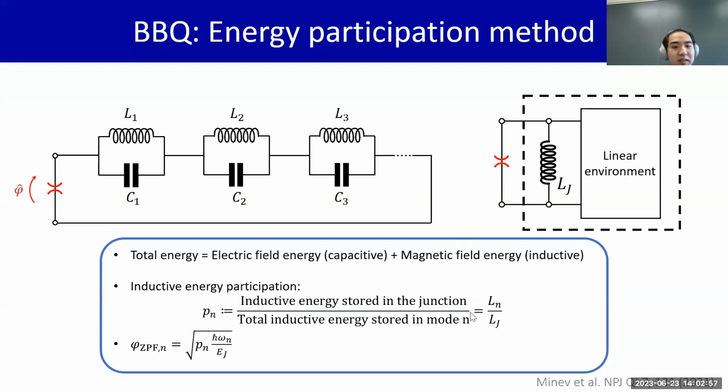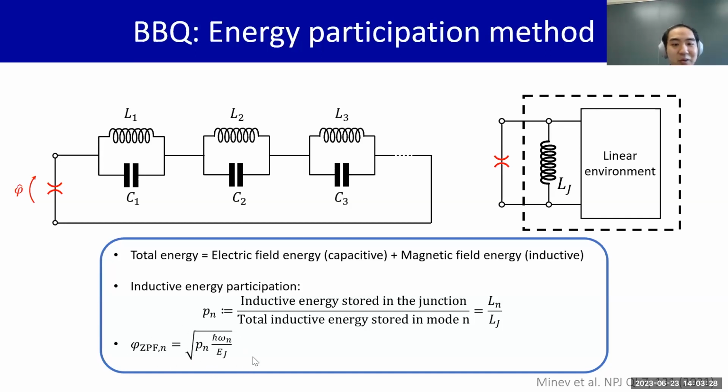And the ratio between these two gives us the energy participation, which is a value that we can extract from HFSS directly. And from the Foster circuit decomposition, we can get this value as the effective inductance for each mode versus the LJ, and that gives us phi ZPF in this form.